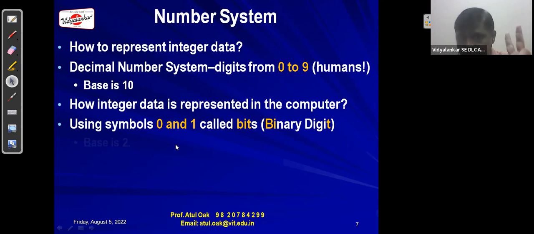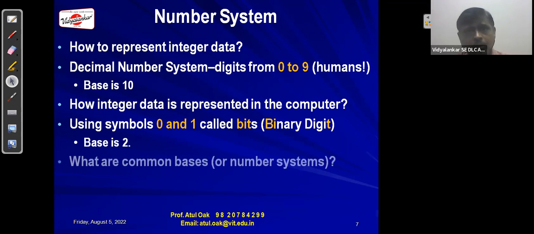Two questions come. Question one is, what are the common bases or number systems? One is what humans use, that is 10.